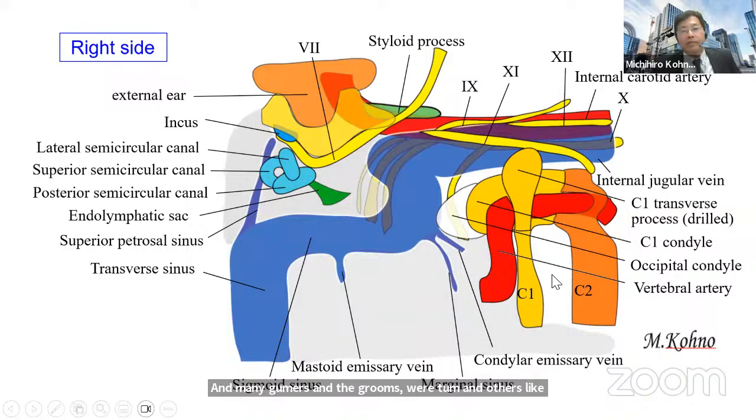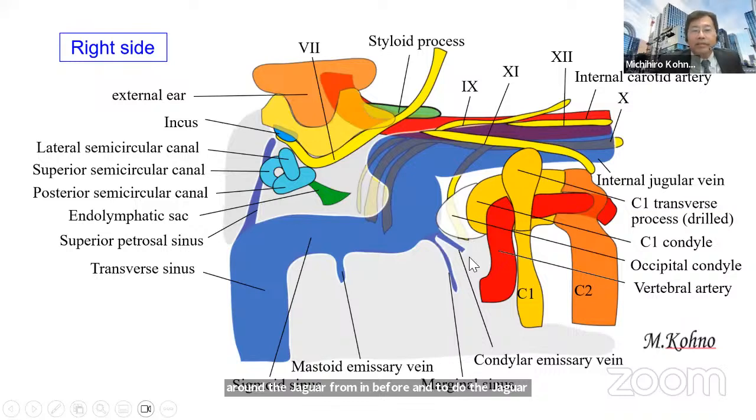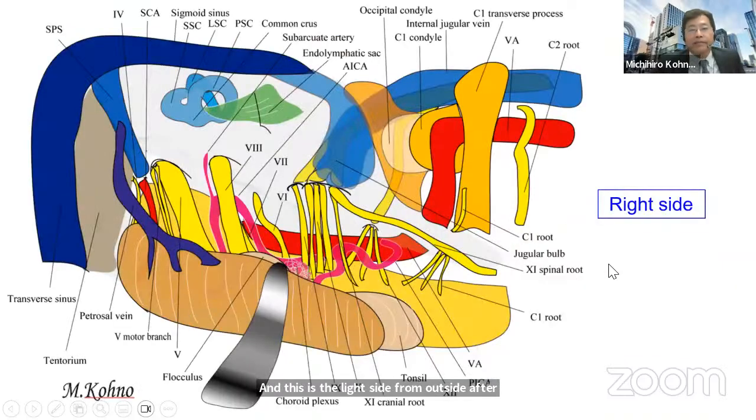We have to know the complex surgical anatomy around the jugular foramen before doing jugular foramen tumor surgery. This is the right side from outside after mastoidectomy, and the right side from inside via the retrosigmoid approach.